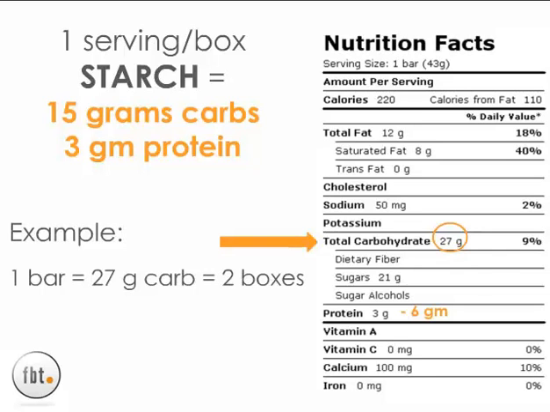Now, remember the little bit of protein that's included in the starch. Because I'm using 2 servings of starch, I'm also going to count double that protein listed. So when I go to the protein group on this nutrition facts label, I'm going to have my 3 grams as listed, but subtract out the 6 from the starch.